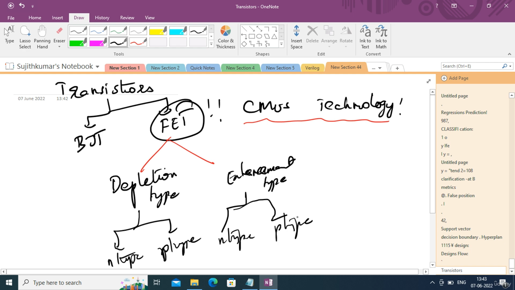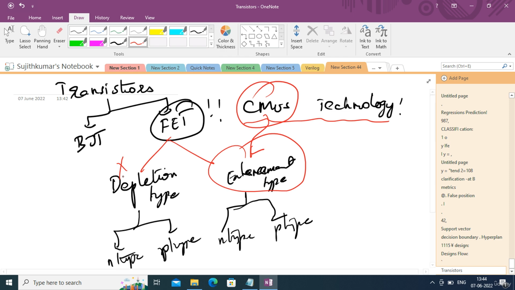According to CMOS technology, which is what we use for VLSI circuits, CMOS uses enhancement type transistors. Whenever I say CMOS, it refers only to the enhancement type transistors, not the depletion type. I hope you know the operation of the enhancement type FET. I'll just give you a quick review and explain further.